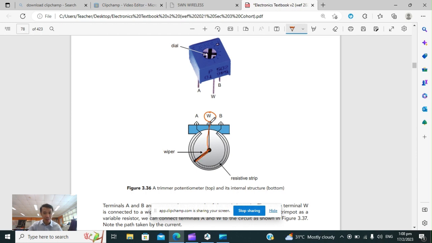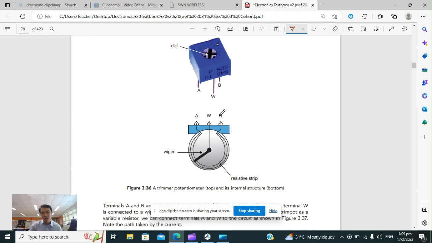Because this fella, which is connected to the W, is able to rotate clockwise or anti-clockwise. So when you take a screwdriver and rotate this Phillips head slot here, you're actually turning this wiper clockwise or anti-clockwise. So always remember, you must connect the wiper.